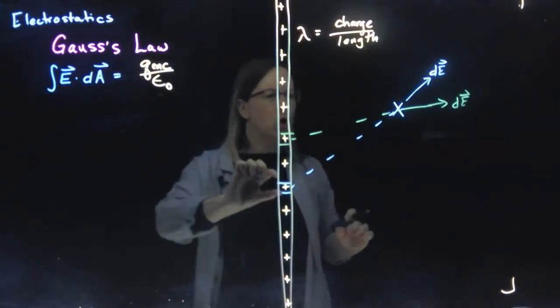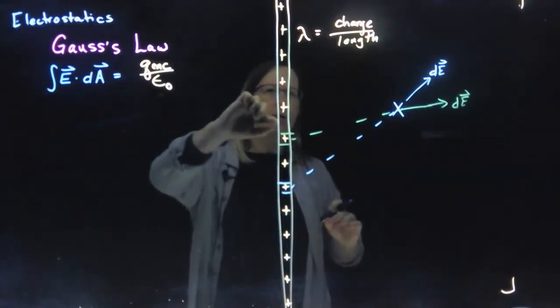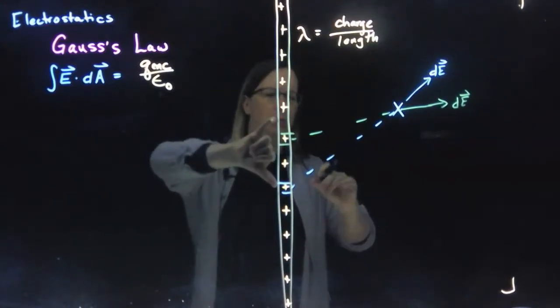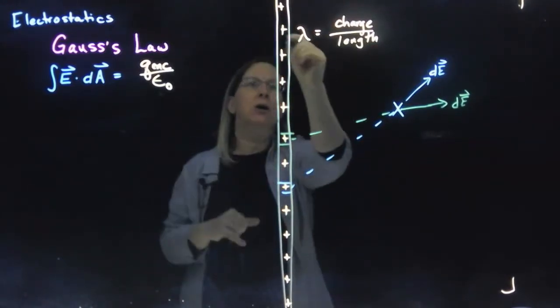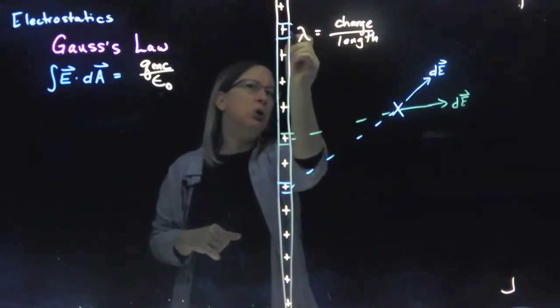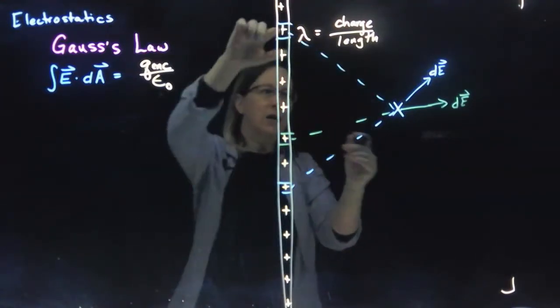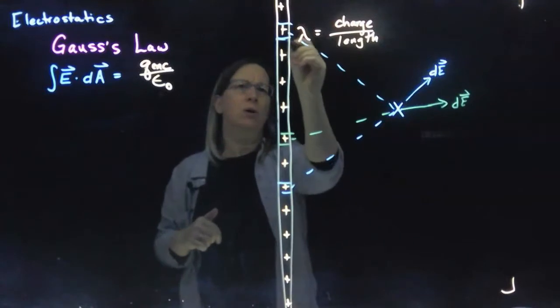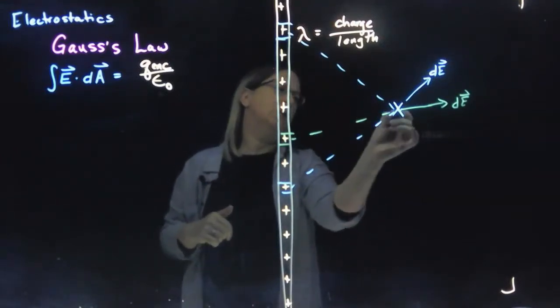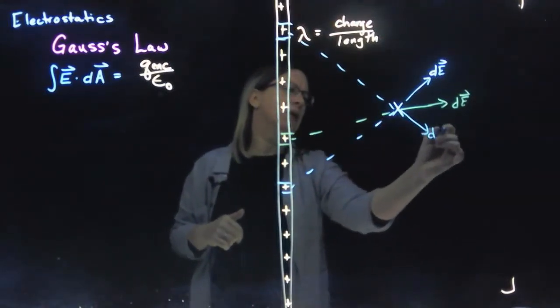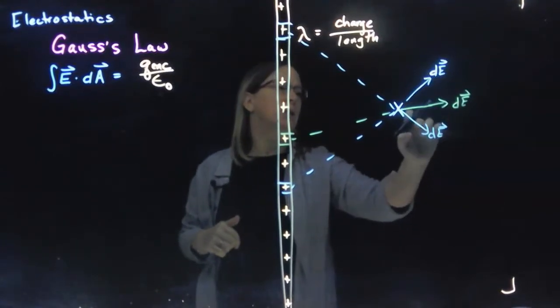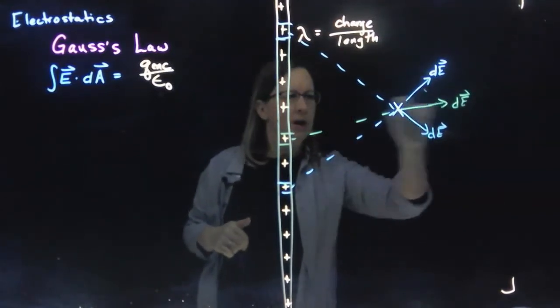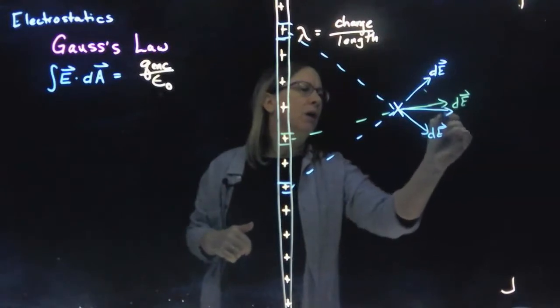If I've got a charge down here, then equidistant from the middle, up here, is another charge the same distance away, and it gives us a dE in that direction, so these 2 arrows cancel out, and I'm left with an arrow to the right.